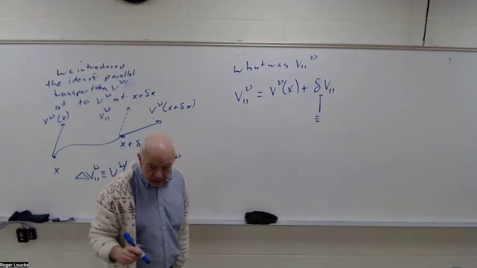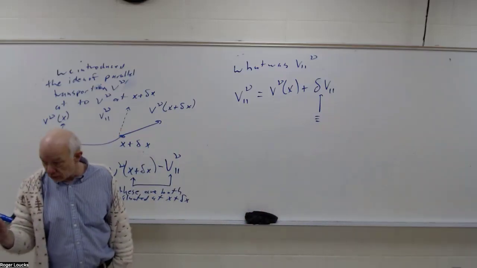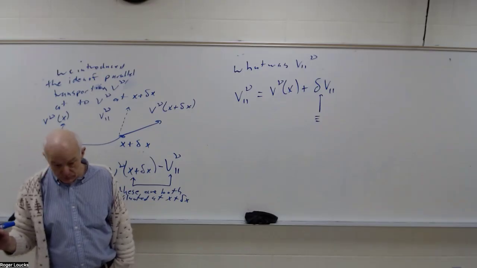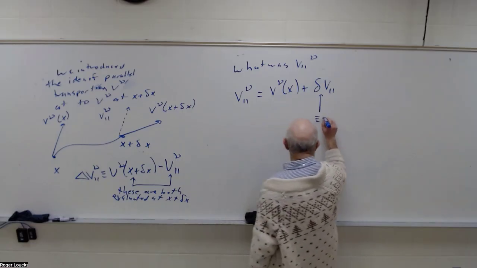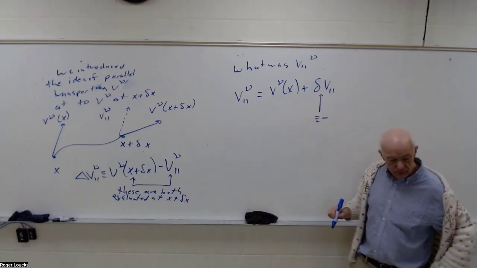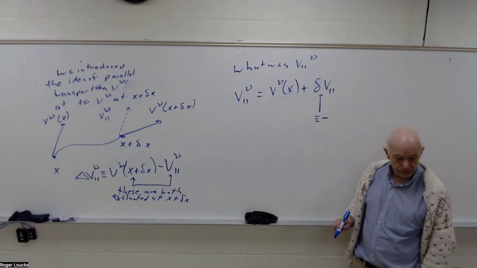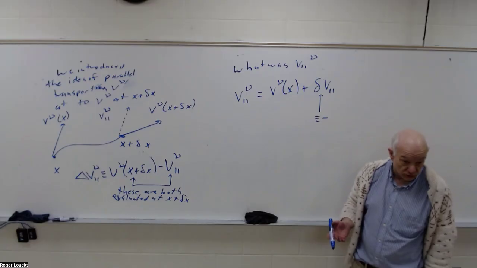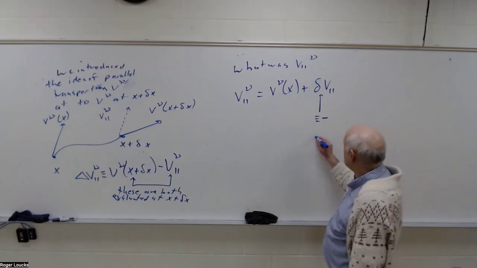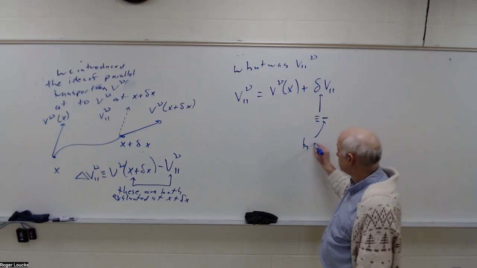We define that to be linear in the displacement and in the components of the vector. And so we put a minus sign there. And why did we put a minus sign there? Actually, that's the answer: this is entirely conventional.